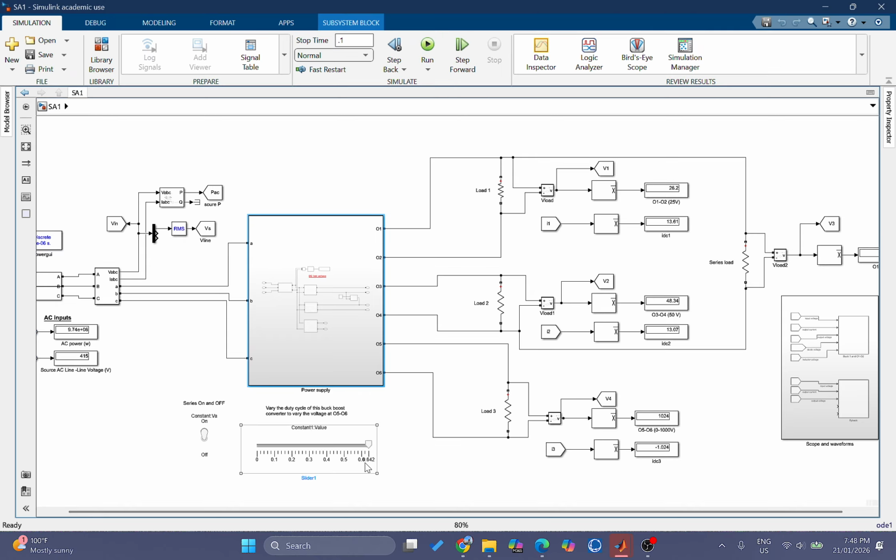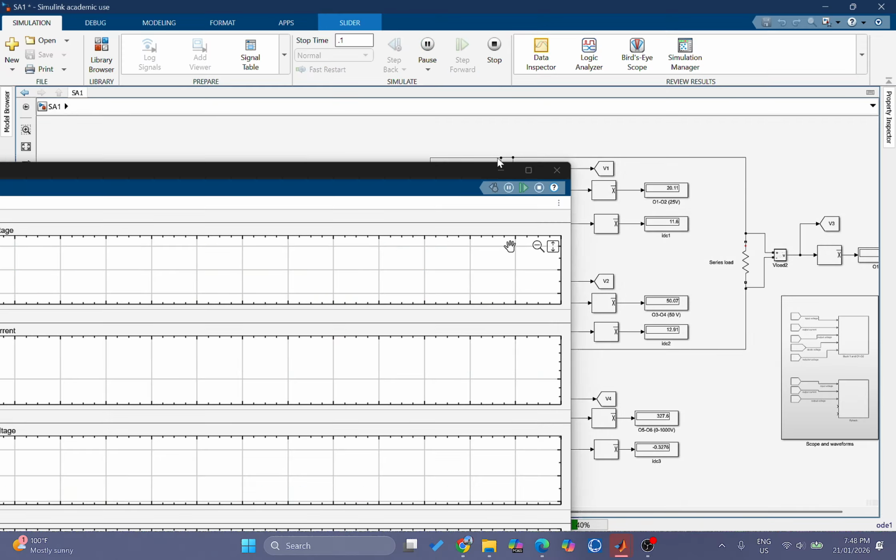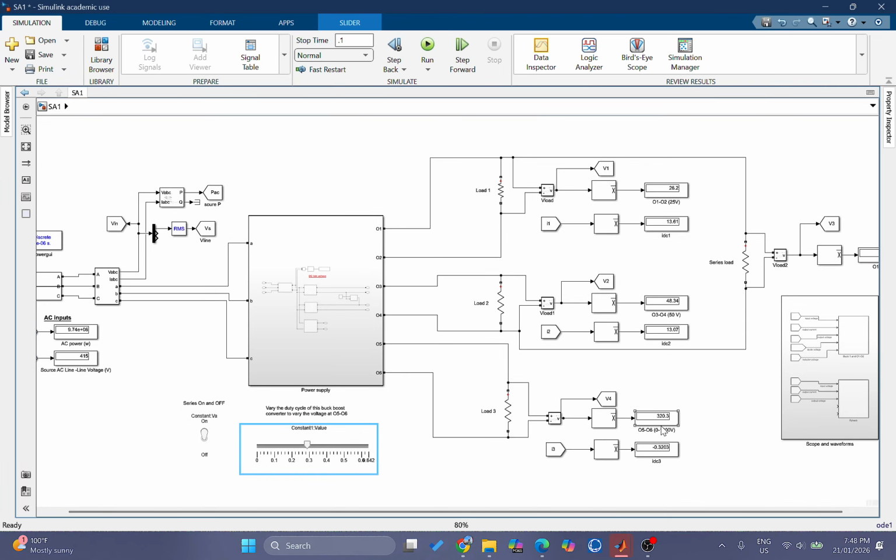When we use a duty cycle of 0.64, I'm able to get 1024 volt. If I reduce this duty cycle to 0.3, I am getting 320.3 volt.